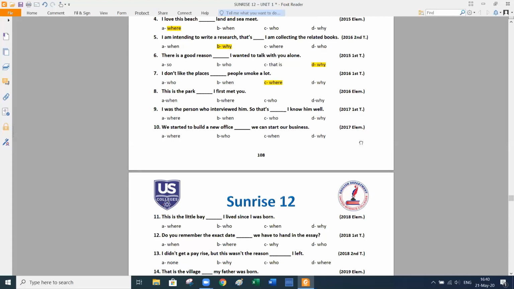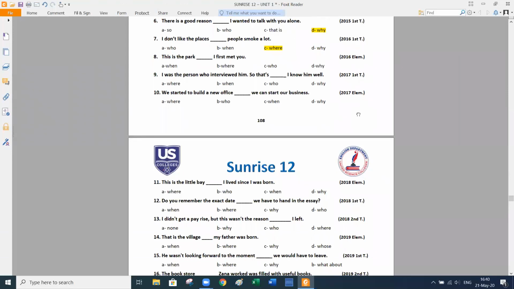And the next one, number 8. This is the park I first met you. I is the subject, meet is the verb, you is the object.